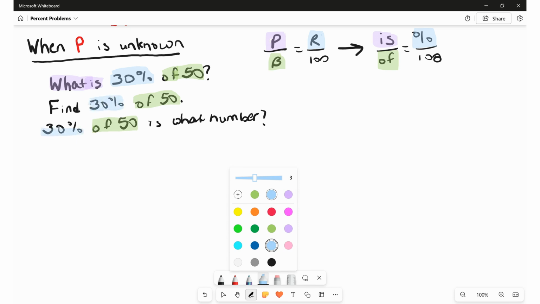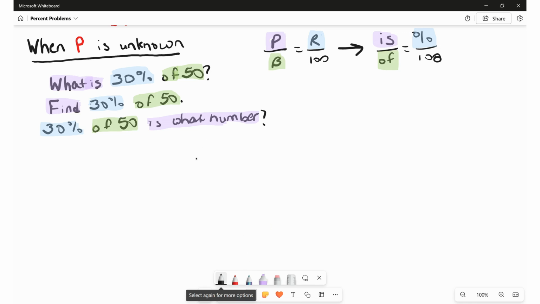There's our percent in this one. So find is kind of equivalent to what is.